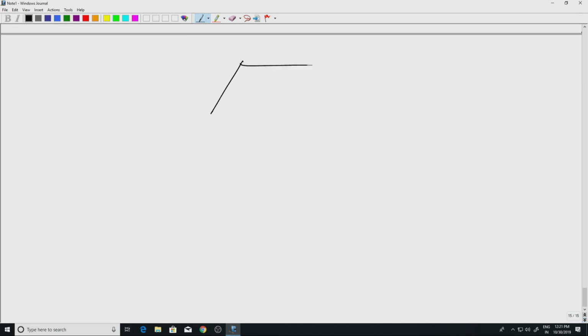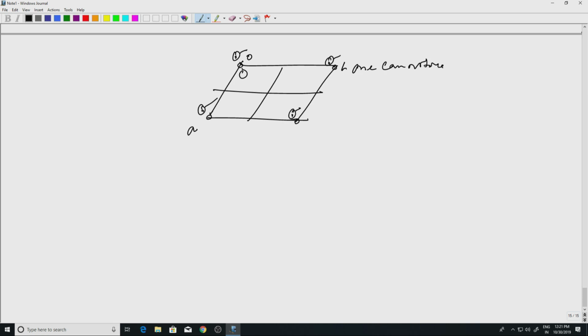So one can notice 0, A and B. The 1 of A is the 0 of the next unit cell in A-axis.